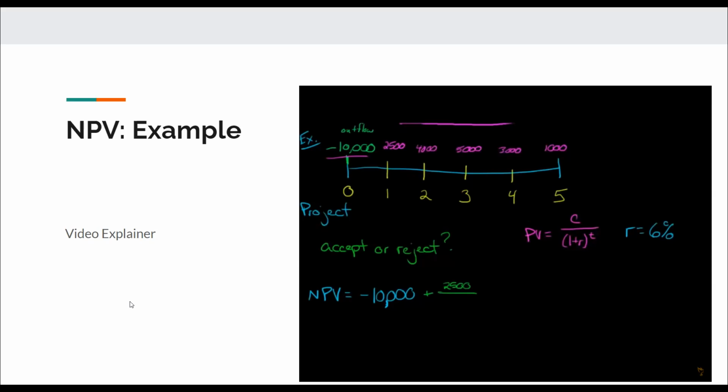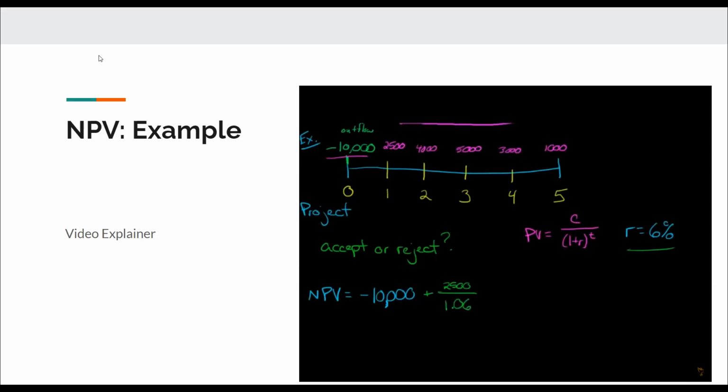So we're going to use this formula to calculate the present value of that $2,500 at the end of year 1. We've got the 2,500 in the numerator, and in the denominator we have 1 plus R, and with R being 6%, 1 plus R is going to be 1.06.